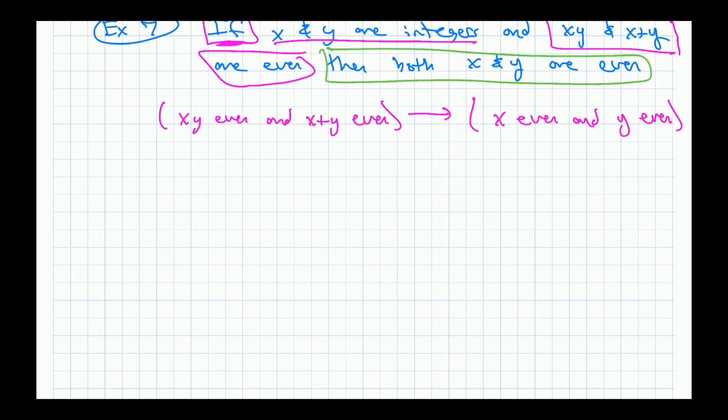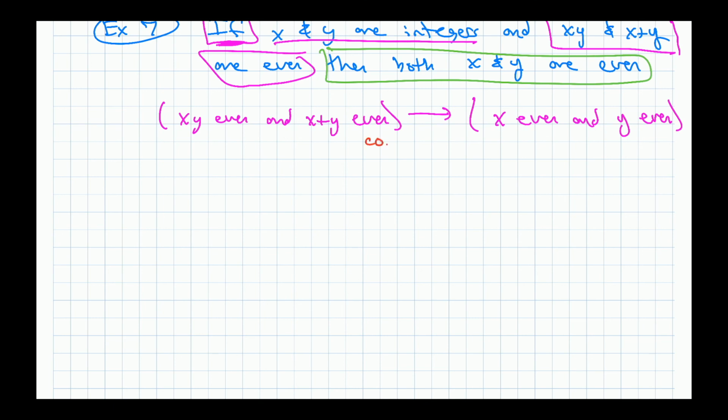And remember how we did the proofs in the previous section? We didn't like having something complicated like this on the left-hand side that's harder to deal with. We liked having something like this on the left-hand side. So this is a case where you would want to do the contrapositive. That has nothing to do with without loss of generality. It's just a proof that you would normally do with contrapositive.